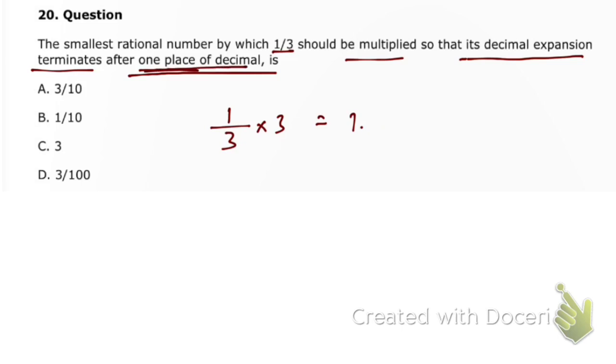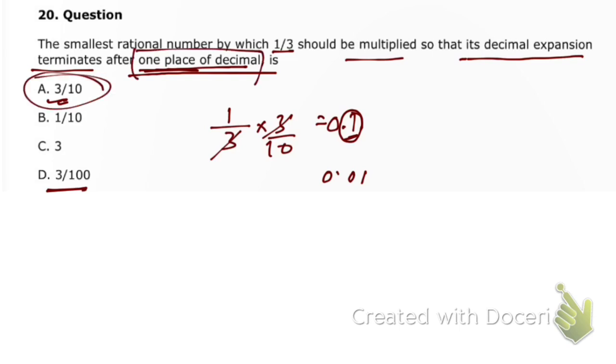So what we can do is multiply by 3 by 10. If you multiply by 3 by 10, then the 3 will be cancelled and you're gonna get 0.1. Now we get one decimal place. So the correct option is 3 by 10, okay? If you multiply by 3 by 100, then you're gonna get 2 decimal places. We need only one place of decimal, so option A is correct.